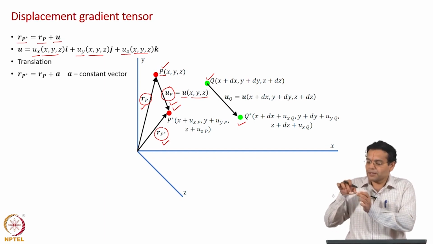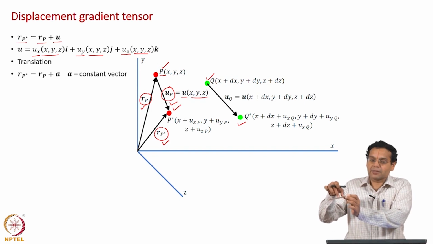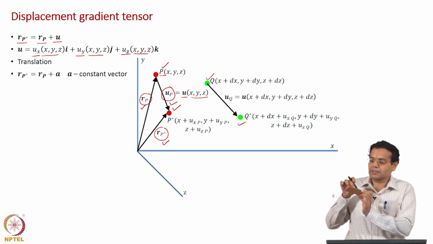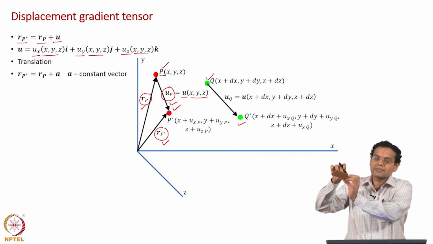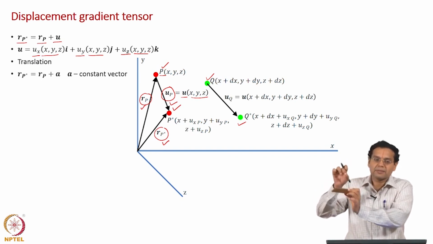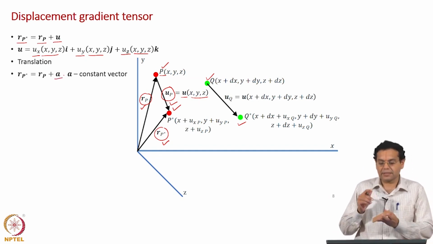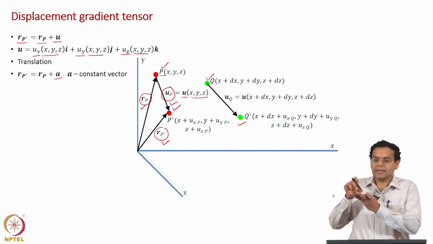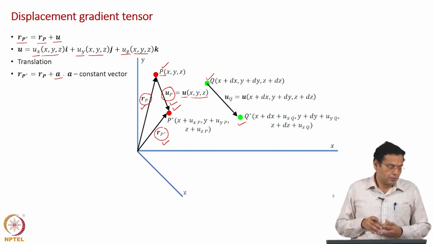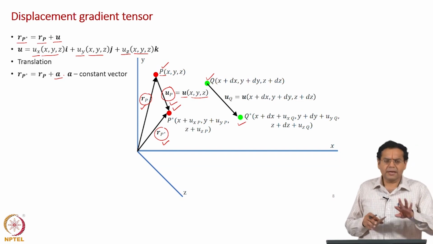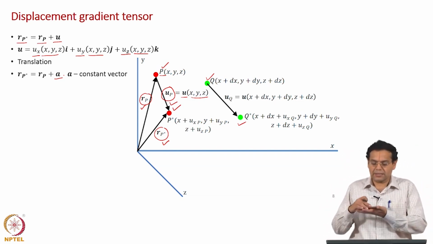But suppose the plate gets translated like this, then A is a 2D vector. But now the plate can also translate like this, in which case A is a 3-dimensional vector. So in a general sense A is a 3-dimensional vector, every point gets displaced by that either scalar or vector. So now how to remove translation?